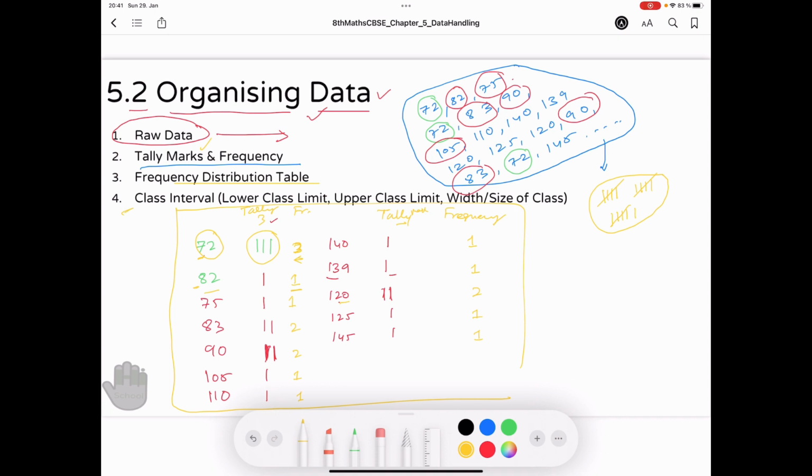Now number 4, class interval. Class interval comes into the picture when we classify the given data into ranges, into classes.